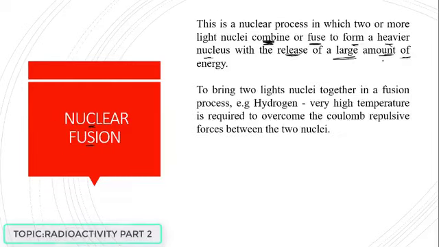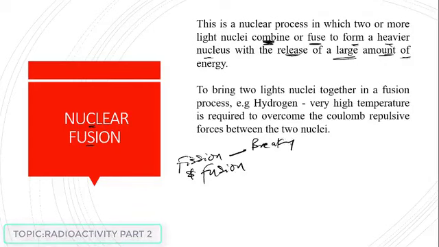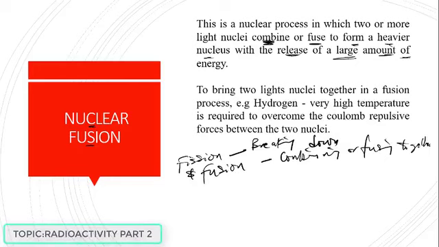So what it simply means is that when it comes to both fission and fusion, this one is the breaking down, and this is the combining or fusing together. That is what it means.